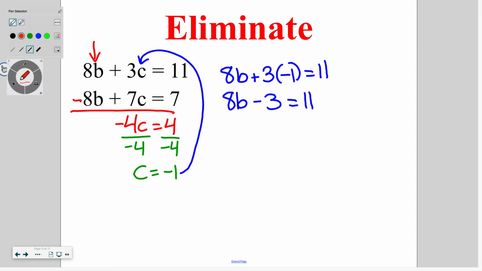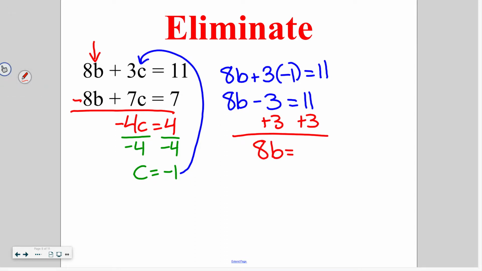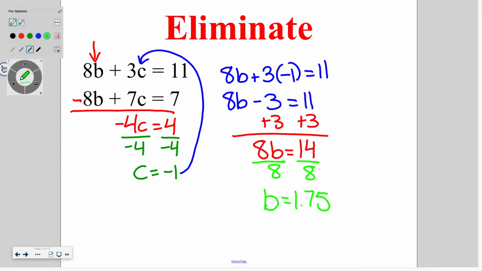Then I'm going to add 3 to both sides, giving me 8b is equal to 14. And then I'm going to divide by 8 on both sides and get an answer of b is equal to 1.75. And so my final solution here is 1.75, comma, negative 1.